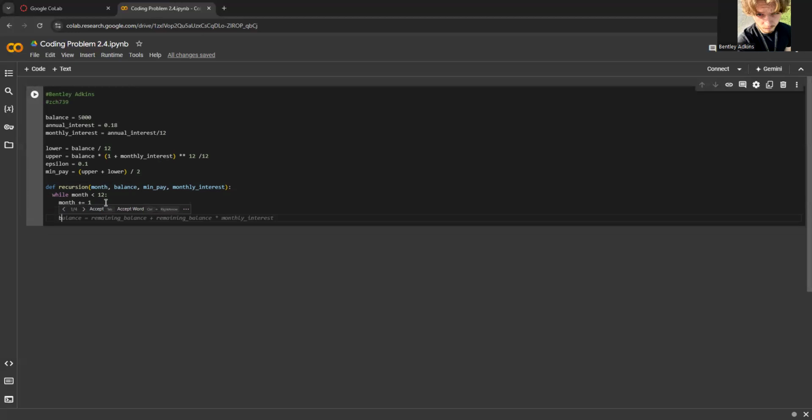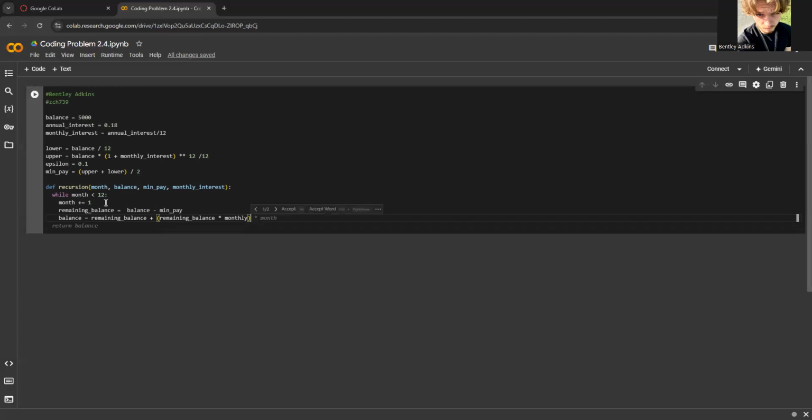And then we're going to set our balance equal to the remaining balance, and we're going to add the remaining balance multiplied by the monthly interest, which is going to give us our monthly interest rate added onto it, which we will use for the credit card.